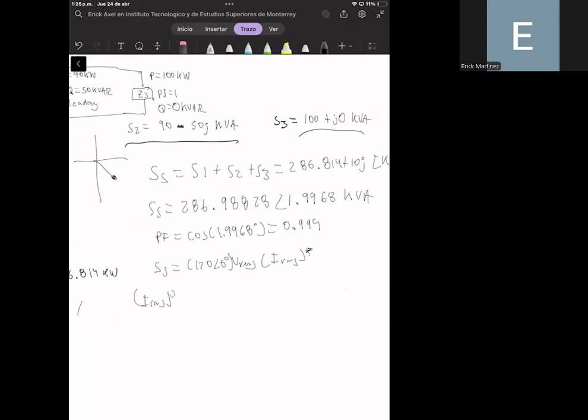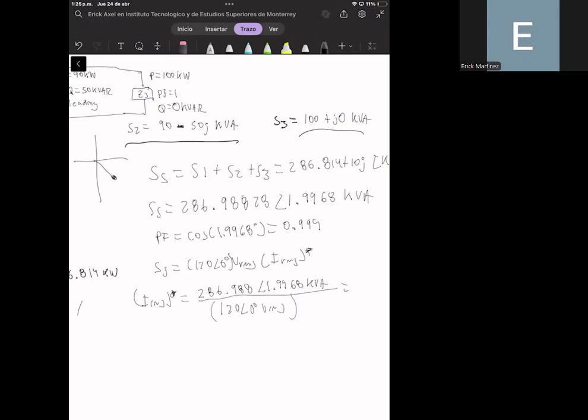So the conjugate of the current is equal to the complex power divided by the voltage, 120 with an angle of 0 degrees volts RMS.